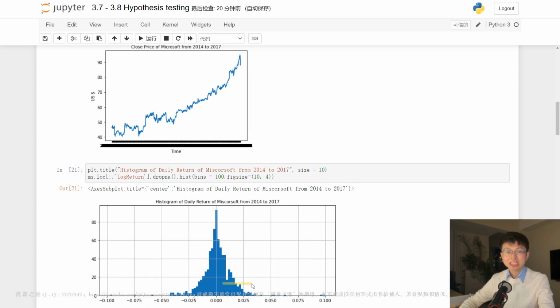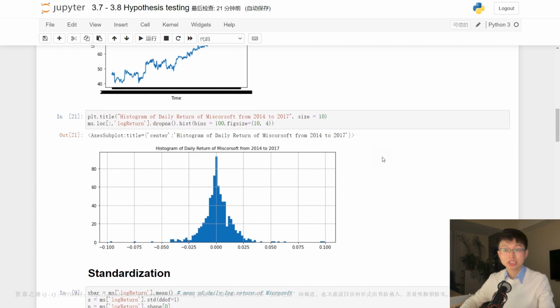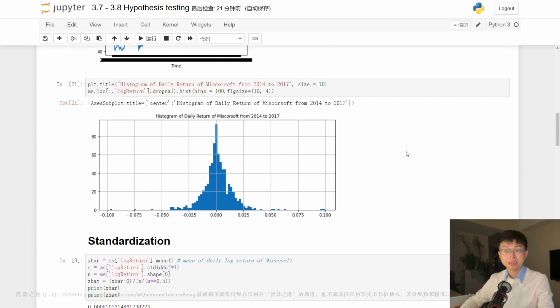To make a judgment about the assertion that the average daily return is not zero, we need a quantitative statistical tool, that is hypothesis testing. In statistics, hypothesis testing utilizes sample information to test the validity of conjectures about these parameters.